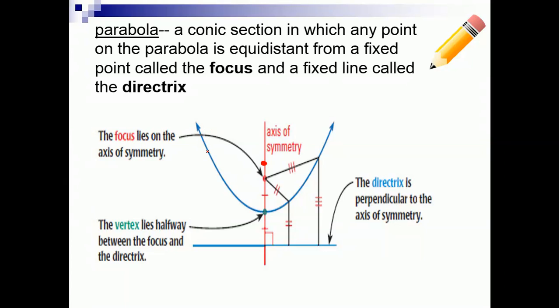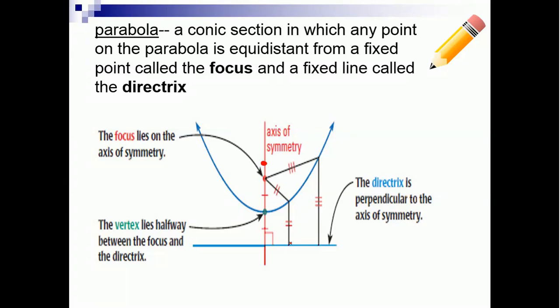So basically this is what it is. It is a U shape like we've been seeing, and we have this dot in the middle right here, the focus. If you draw a line from the focus to the parabola, it is equidistant to the directrix that's behind it.